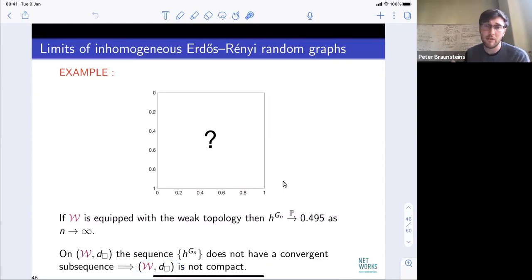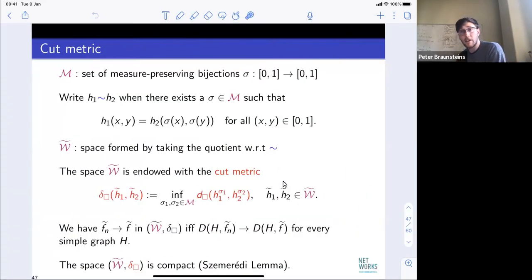And remember that to prove our large deviation results, we wanted to work on a compact space. So we need to modify our space a little bit. We're going to do that by removing the issue that we saw on the previous slide with the mixing up of the vertex labelings. So we're going to consider the set of measure preserving bijections.